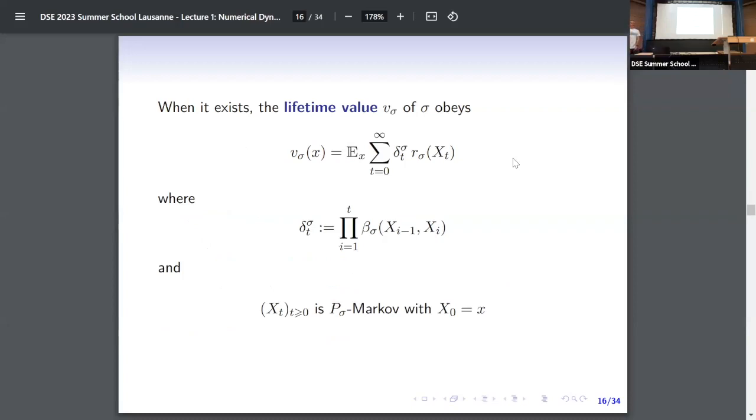So for a particular feasible policy, the lifetime value of that policy is going to look like this expression here. So expected sum of discounted rewards, payoffs, and the discount factor is depending on beta and on the underlying state process, and the state process is depending on the underlying Markov process, and that's depending on the policy.